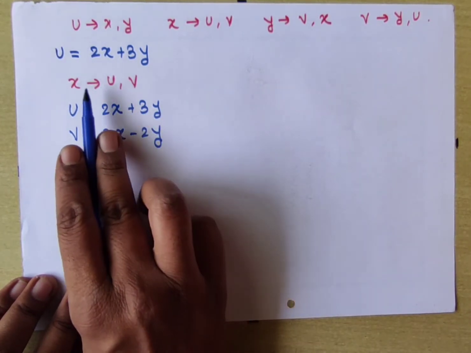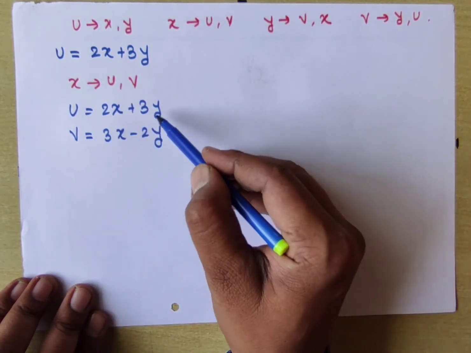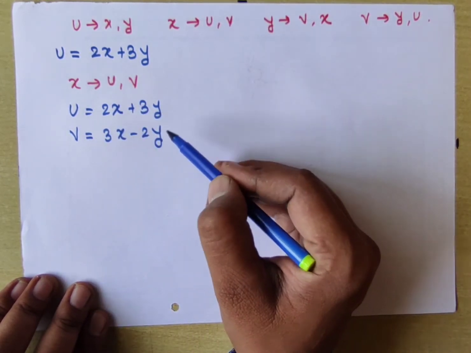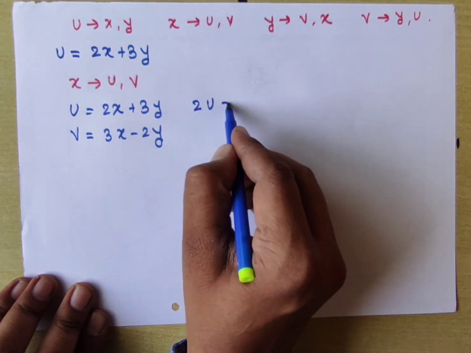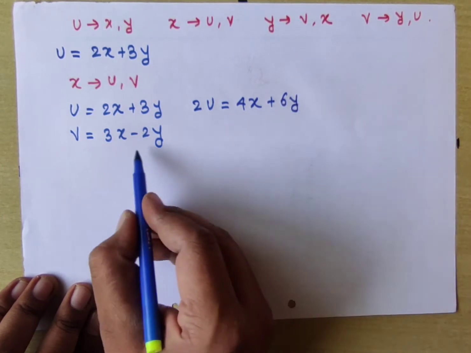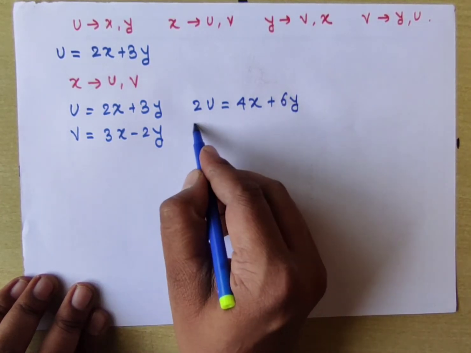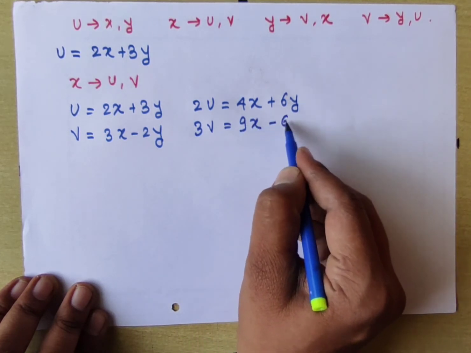So we need to find the value of x in terms of u and v, means we don't require y. To remove y, we multiply the first equation by 2, so we get 2u is equal to 4x plus 6y, and we multiply the second equation by 3, we get 3v is equal to 9x minus 6y.